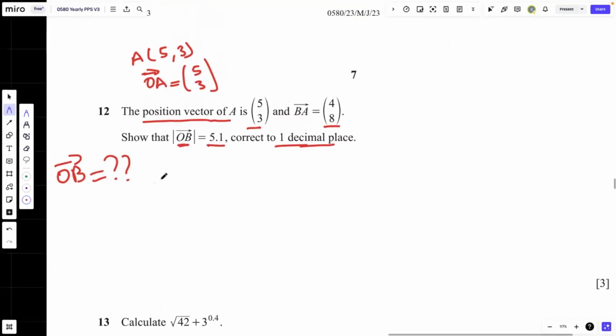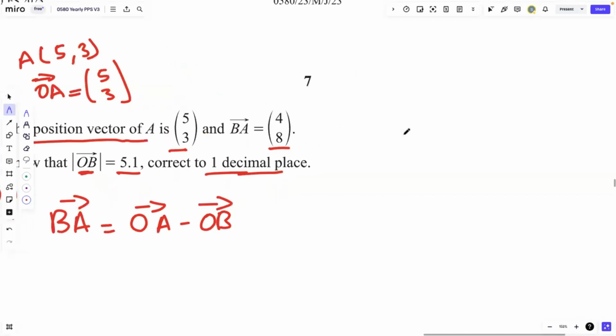And using the information we have in the question, we have BA, and we do know that BA is basically OA minus OB. The vector BA is the vector OA minus OB. Why is that? Because the formula is usually final minus initial, or you could say last minus initial.